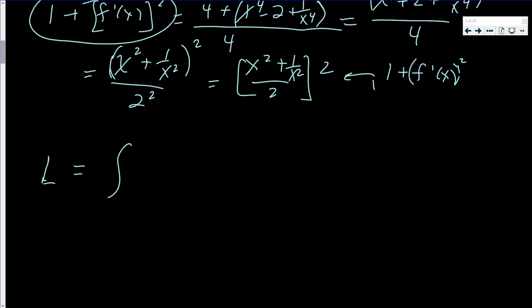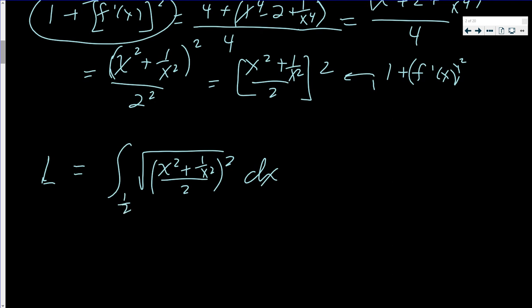Okay, that's that. But now the formula is the square root of that. So we have the square root of x squared plus 1 over x squared, all over 2, all squared, dx, and x is going from 1/2 to 2.